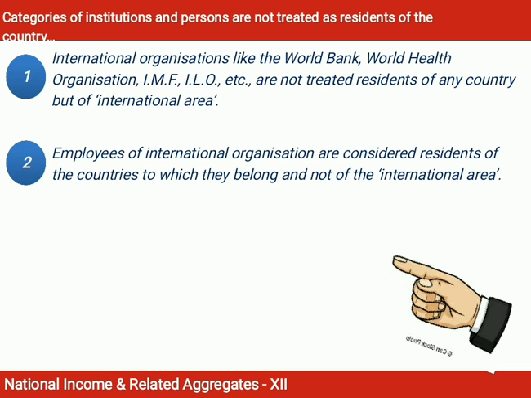However, if the employees work for more than 1 year in such international institutions, then they become normal residents of the country in which such institutions are located. It means, in the given example, if the American is working in the UNO office in India for more than 1 year, then he will be treated as a normal resident of India.